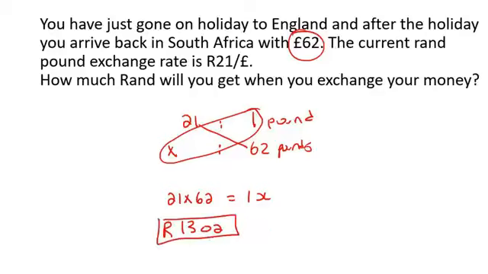So when you arrive at the airport from England, there's a place called a currency exchanger. You can give them your £62 and they will give you 1,302 rand, because for every £1 they give you 21 rand, and you've got 62 of those.